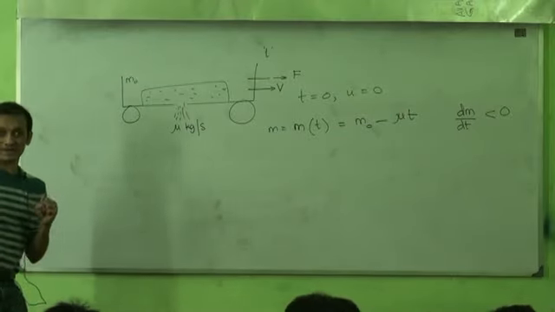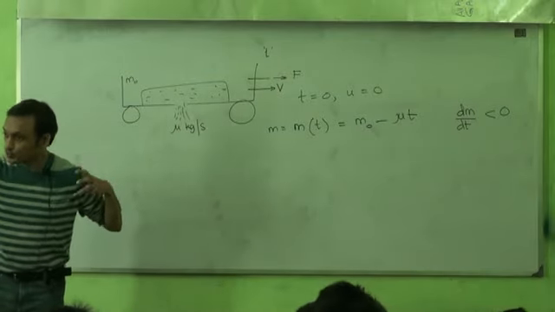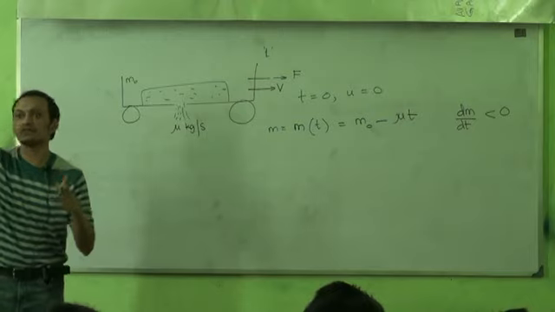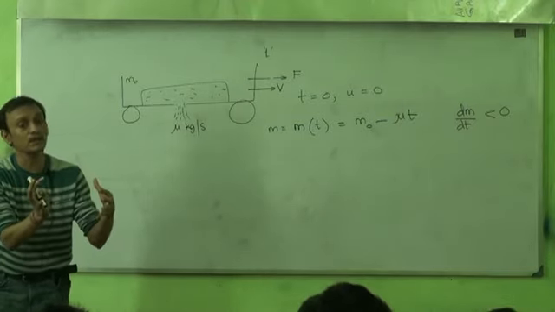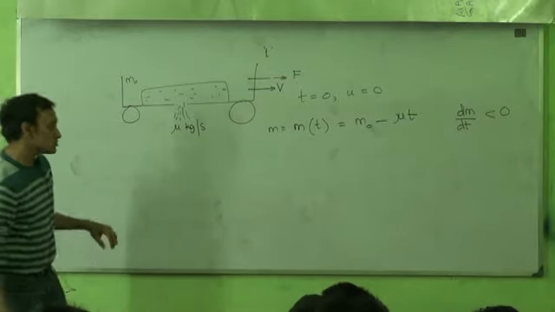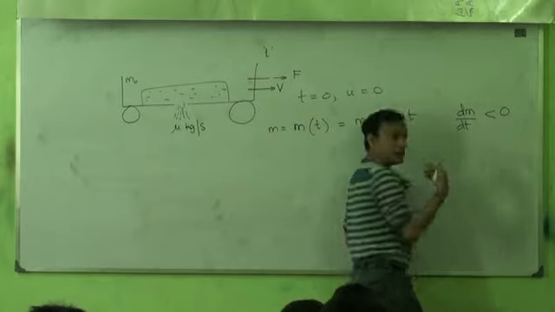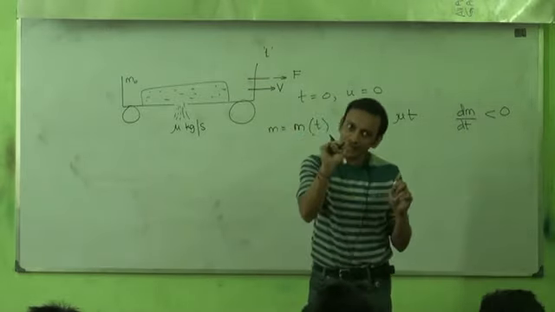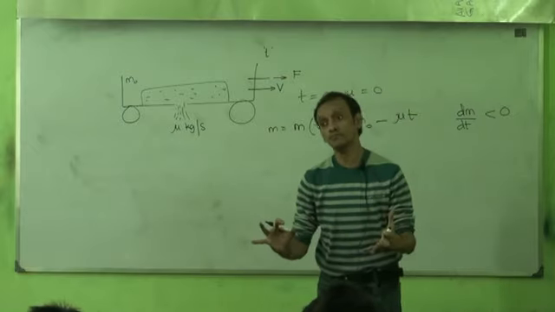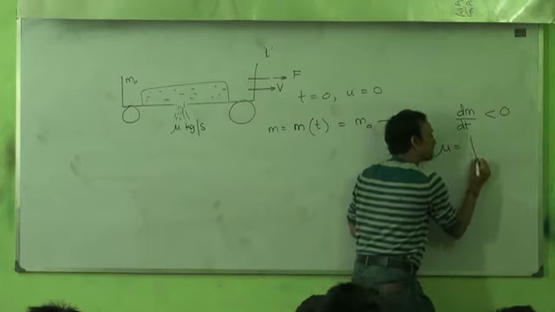Mu is a positive number. It tells you these many kilograms per second being expelled. Mu is positive always, whether it's entering or leaving, but dm dt comes married to a sign, positive or negative. So if dm dt is negative, dm dt cannot represent mu. But if I multiply dm dt with a minus sign, then it would become positive. In other words, mu is actually the magnitude of dm dt.